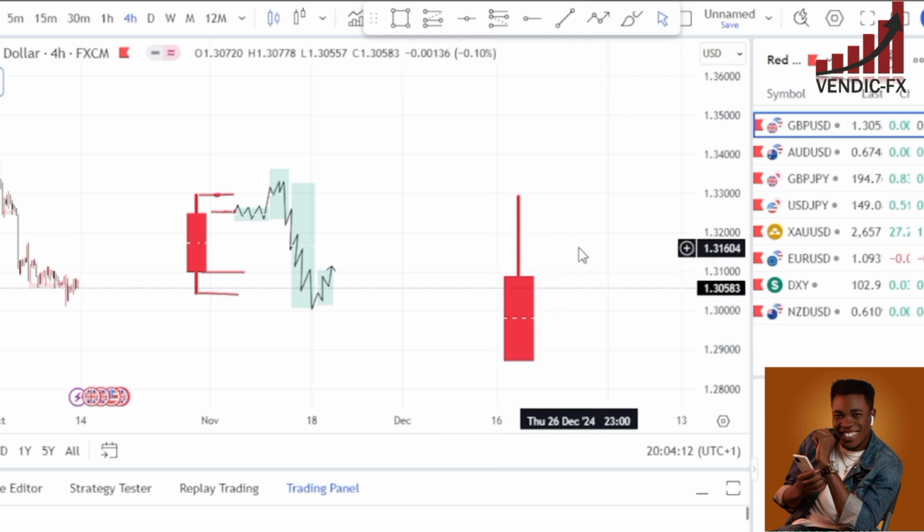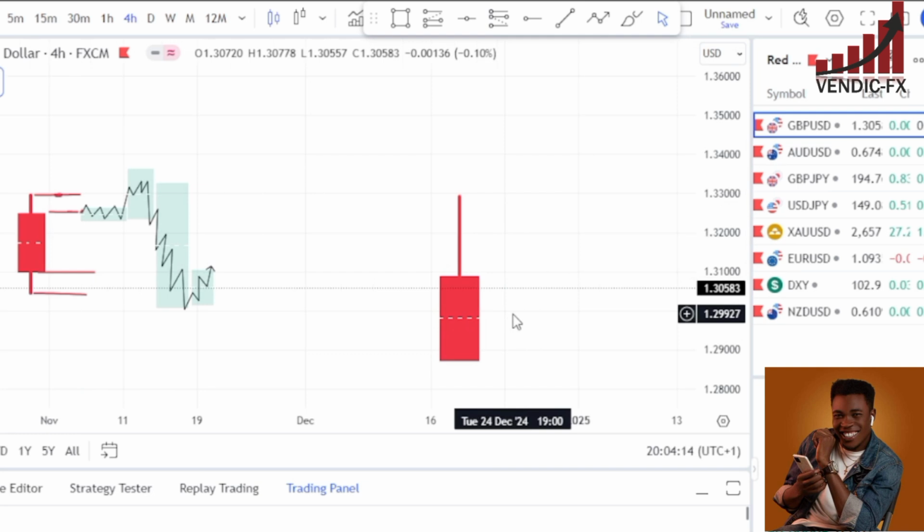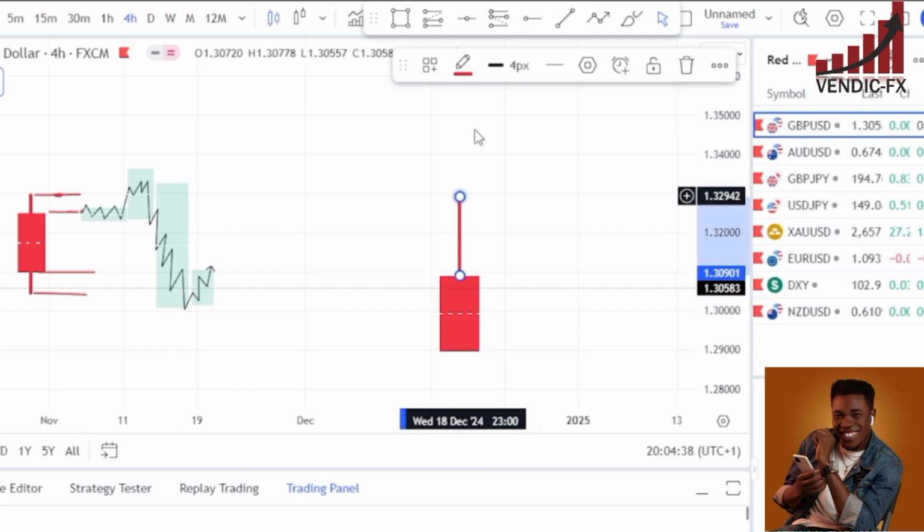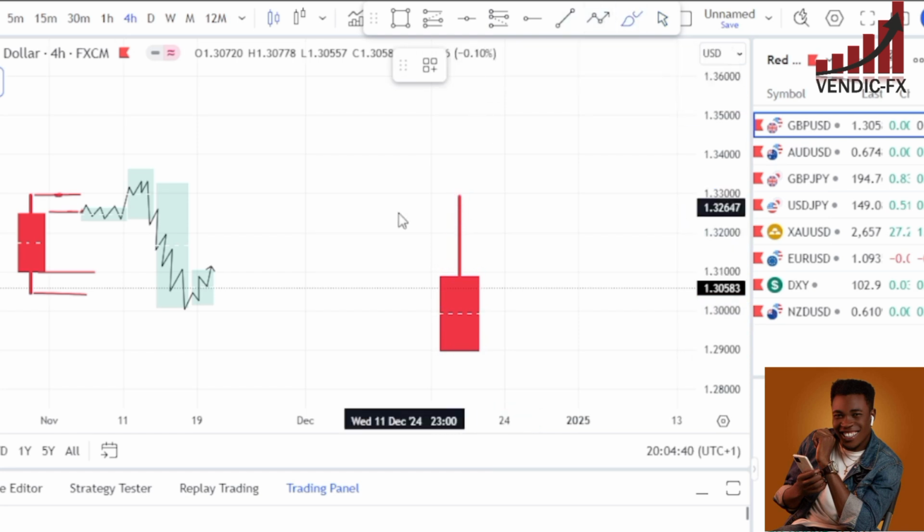This is what we call candle flip. It changes its direction from the anticipated direction. So when the market opens, it creates the high of the day, and then eventually flips down and drops. That is how this wick is being formed.